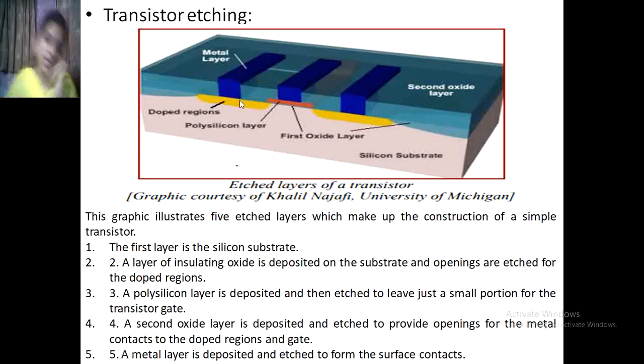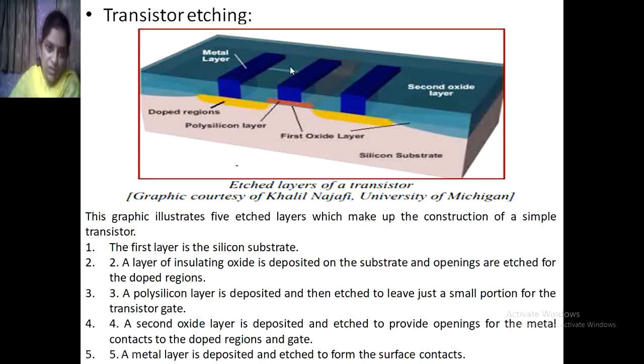Then, in the last stage, a metal layer is deposited and etched to form the surface contact. It is deposited as well as etched because it should occupy only a specific region, where it will act as a surface contact.